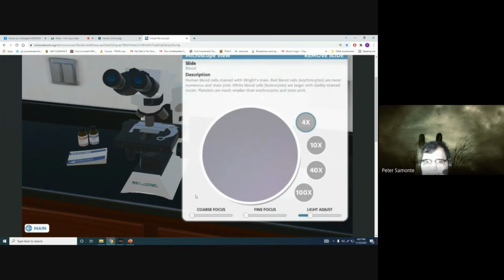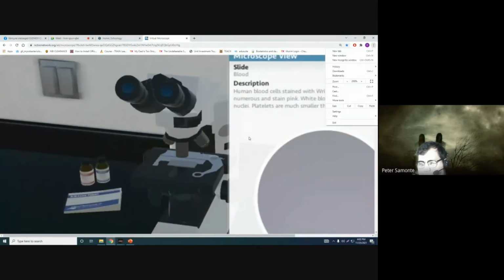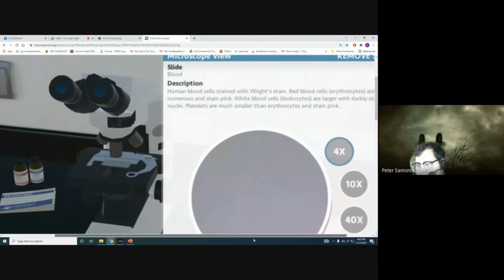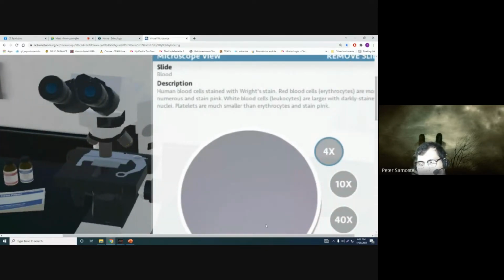Okay, so if you recall, class, what are the objectives in your microscope? What are the four? Can you tell me what they are if you recall?